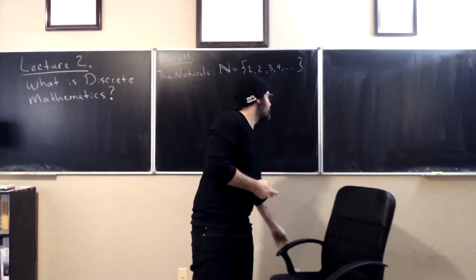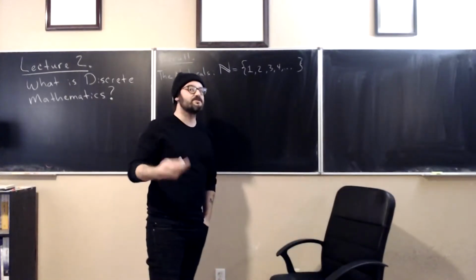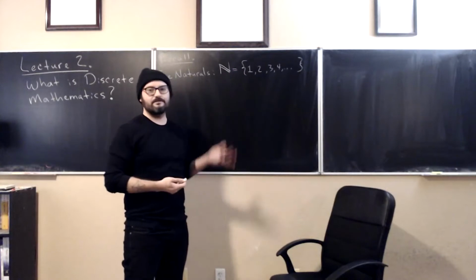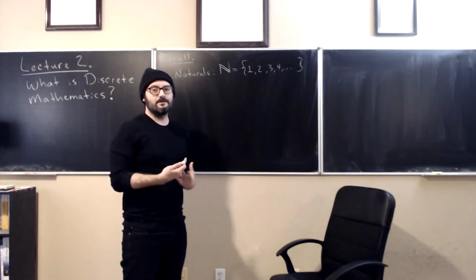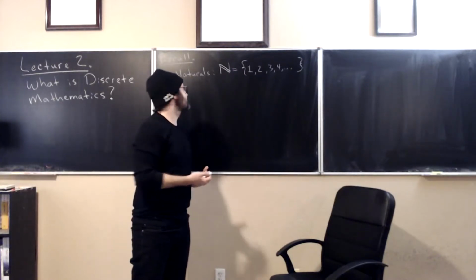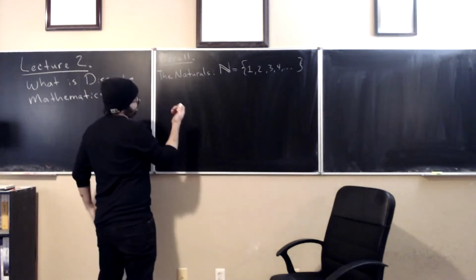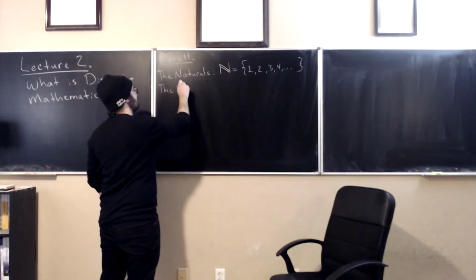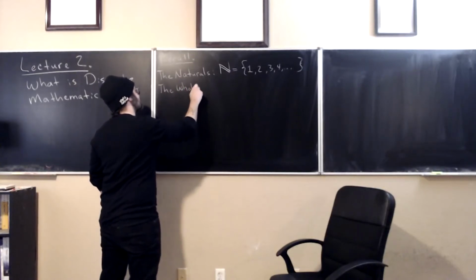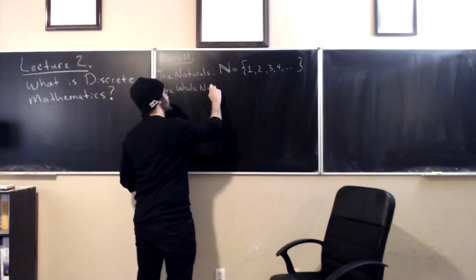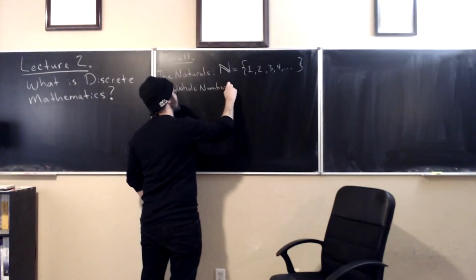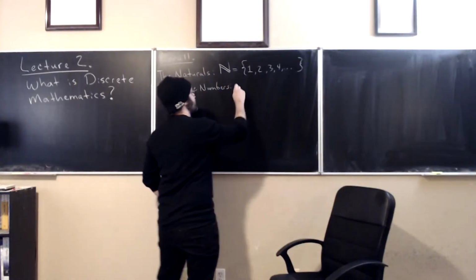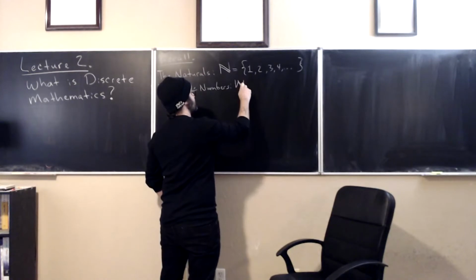Now, much later, after the advent of this number system, another number system appeared, which I'll call the wholes. So the whole numbers. Okay. And I will use a fancy W like this.